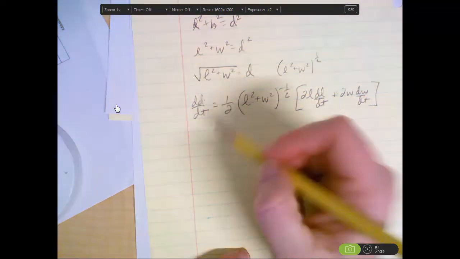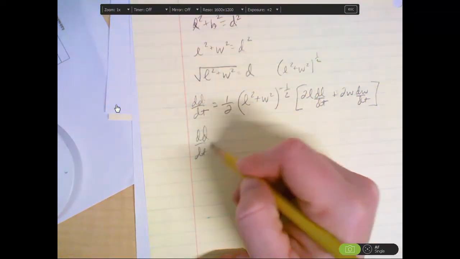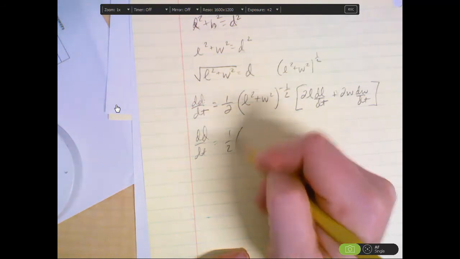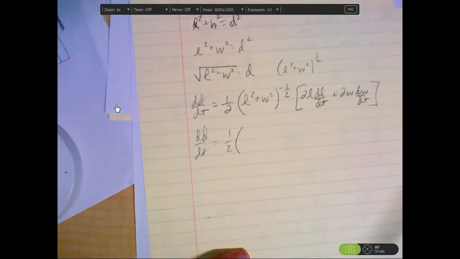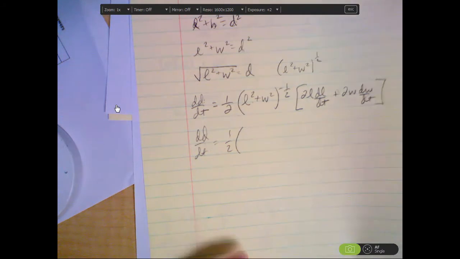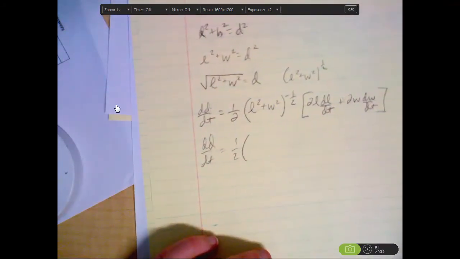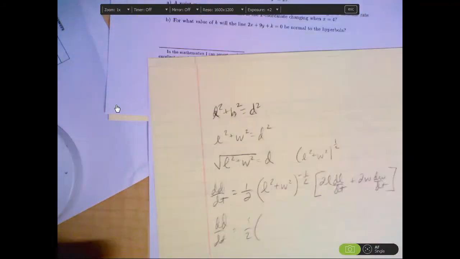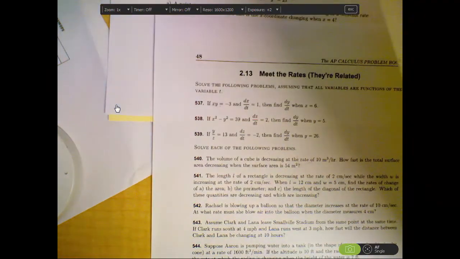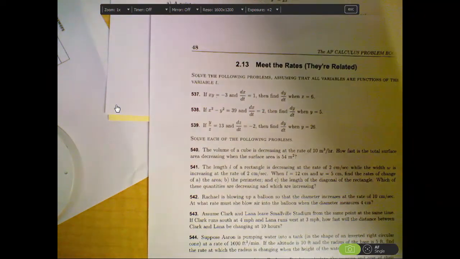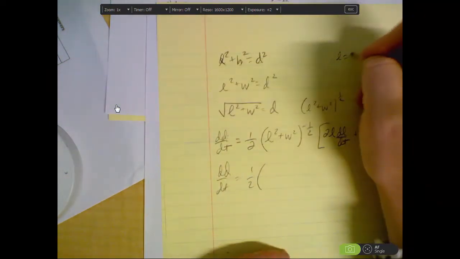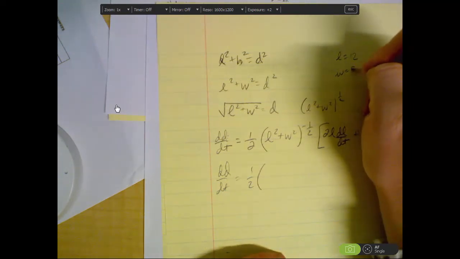So, what do we know? dD/dt equals 1/2 times L squared is, what was L in this problem? 12? I forgot already. What number are we doing? 541, L is 12 and W is 5.